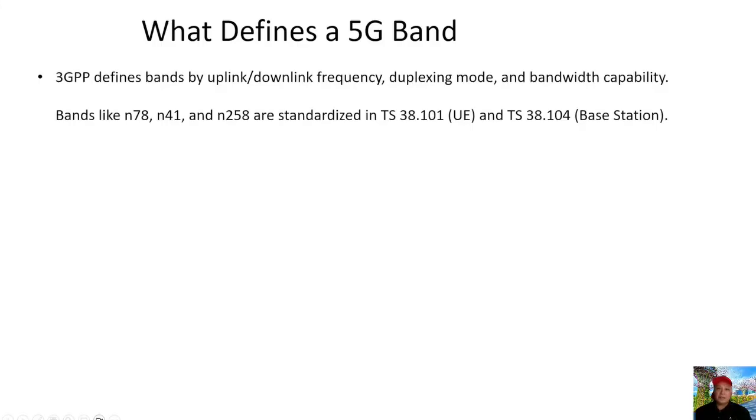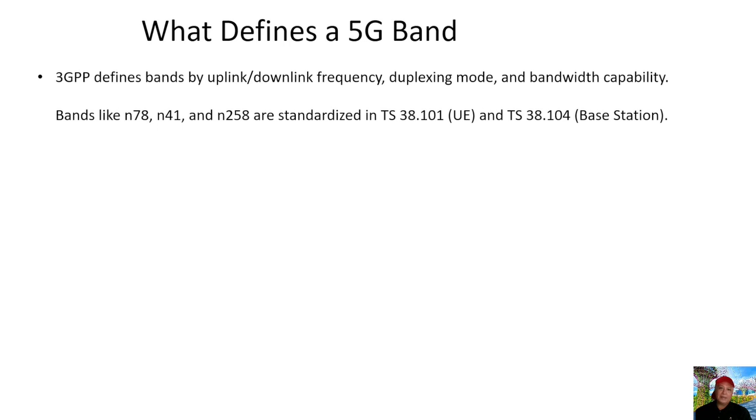Every wireless system starts with spectrum, and in 5G New Radio, that spectrum is more dynamic than ever. 3GPP defines bands by uplink and downlink frequency ranges, duplex mode, and channel bandwidth capability.